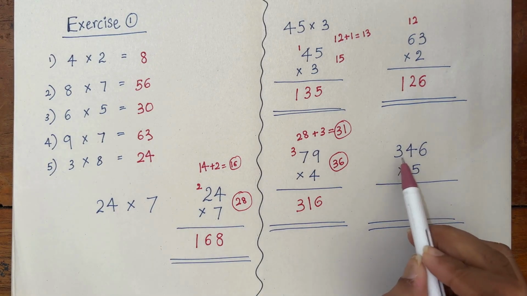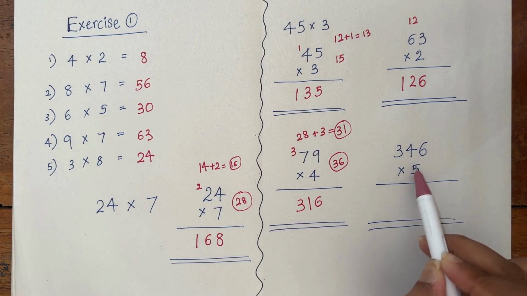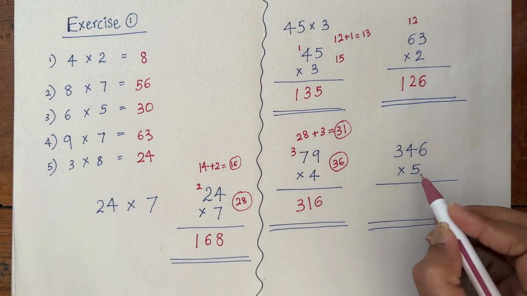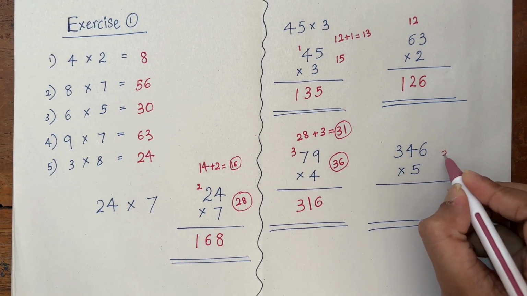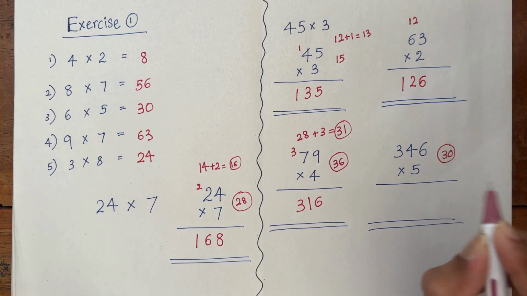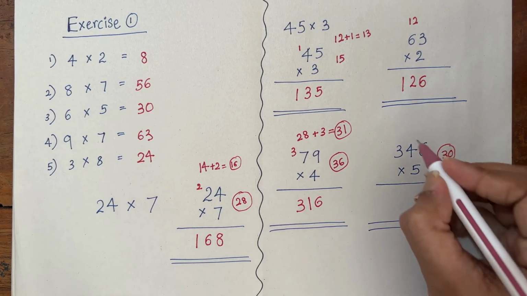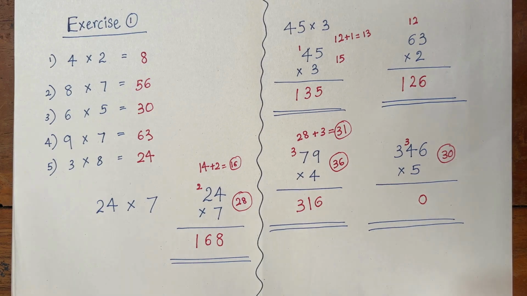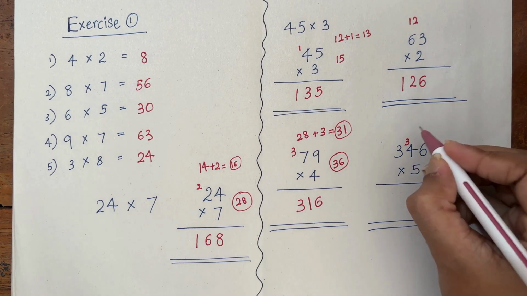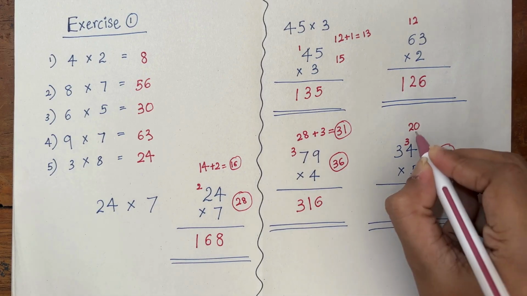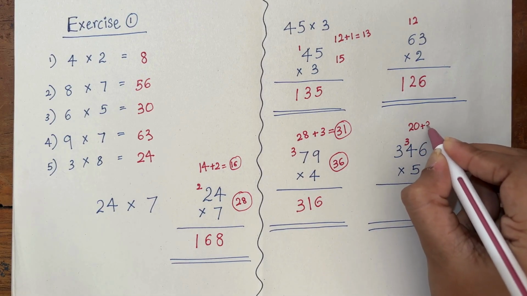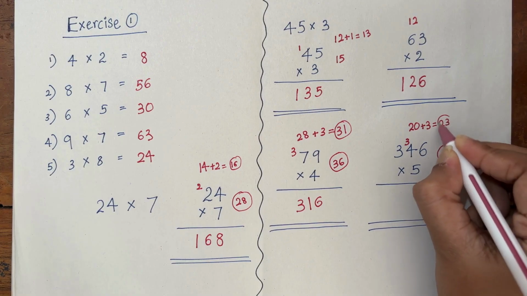Next, 346 multiplied by 5. 5 times 6, 30. We keep the 0 here. 3 we take there. 5 times 4, 20. 20 plus 3, 23.